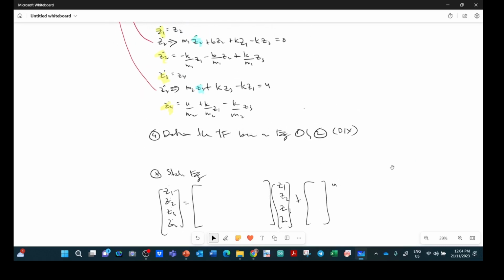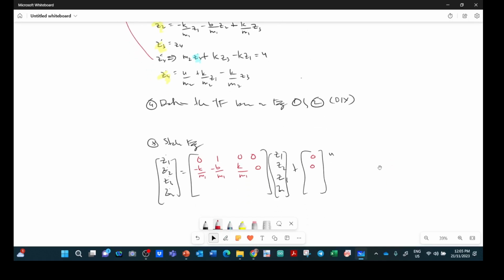So key in z1 dot equal to z2. So we have 0, 1, 0, 0. Any input? No, 0. z2 dot equal to minus k over m1, so minus k over m1. Then you have z2, minus b over m1, z3, you have k over m1, z4 0. No input.